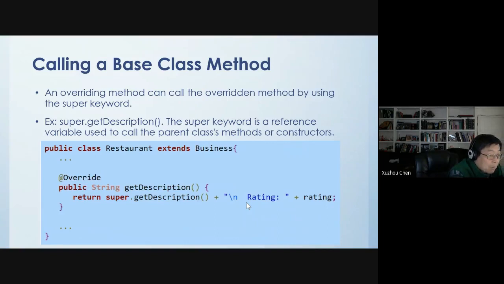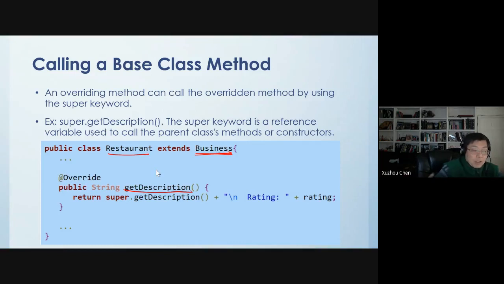Now, if I override a method, for example, in a base class, which is business, and the restaurant is a derived class, a subclass, so restaurant extends the base business. Say I have a method in the base class business called getDescription.